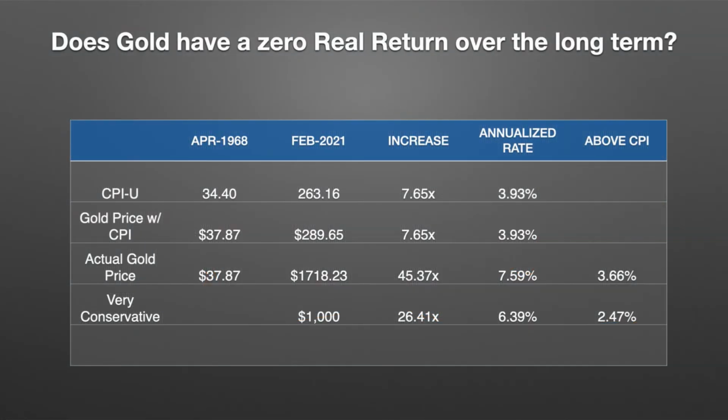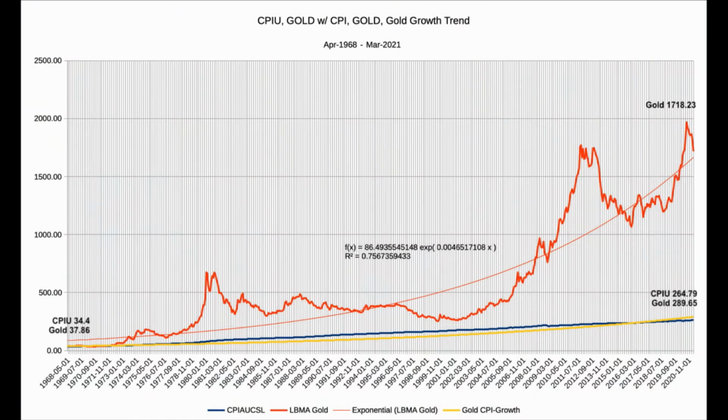You can see in this chart that the CPI-U increased by 7.65 times, whereas the actual gold price increased by 45.37 times. The annualized rate for the gold price increase was 7.59%, which is actually 3.66% higher than the CPI increase. So the gold price was far above the CPI increase.